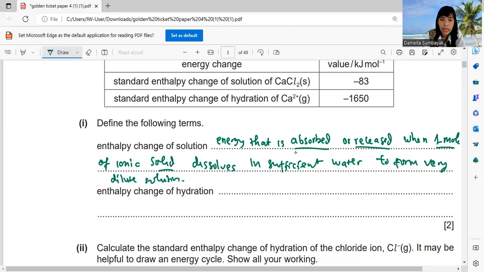So this is the hint: ionic solid, 1 mole, absorbed or released.